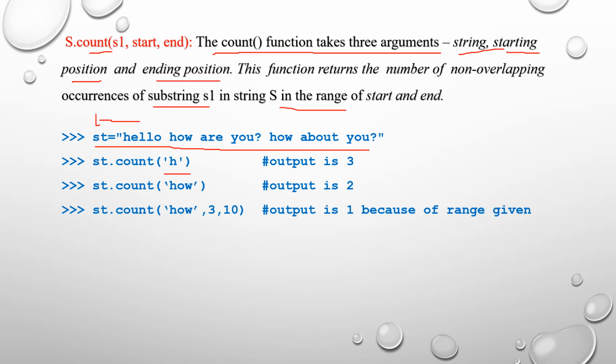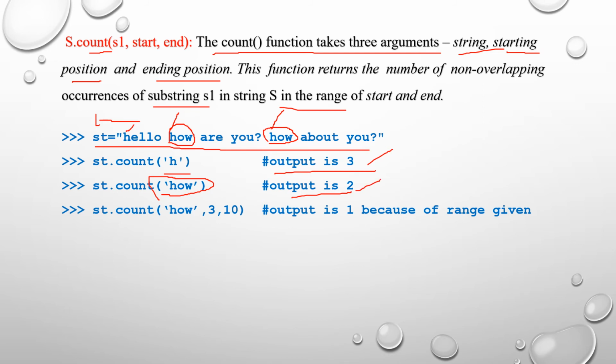The number of occurrences of h in this particular string is 3. This is the first occurrence, the second, the third; the output is 3. Then st.count("how"): this is the first occurrence, and this is the second one. The output is 2.